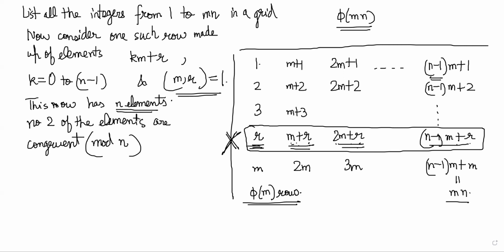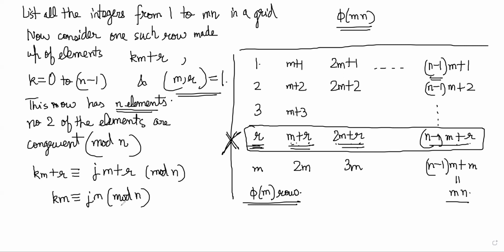If two elements were congruent to each other mod n, then we can say that km plus r is congruent to jm plus r mod n, and then we can subtract r and say km is congruent to jm mod n.